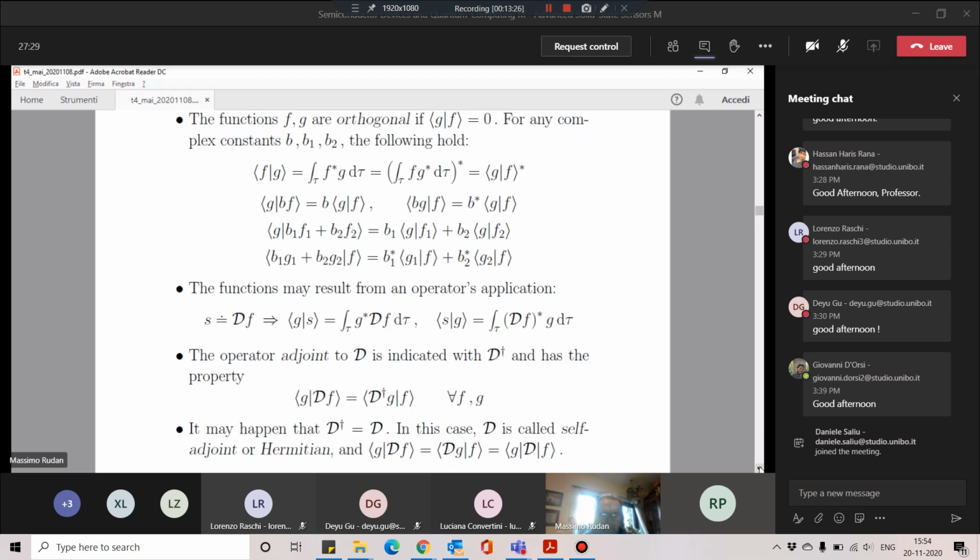When we have the self-adjoint or Hermitian operator, we have that G scalar D operating on F is identical to D operating on G scalar F. So for a Hermitian operator, it is irrelevant whether the operator is placed on the right side of the scalar product or on the left side.